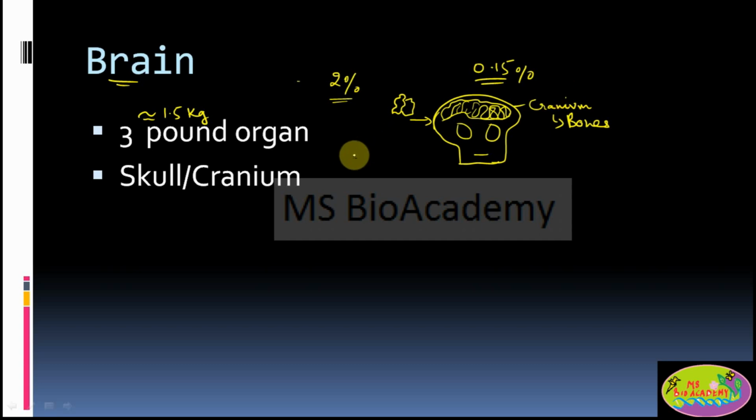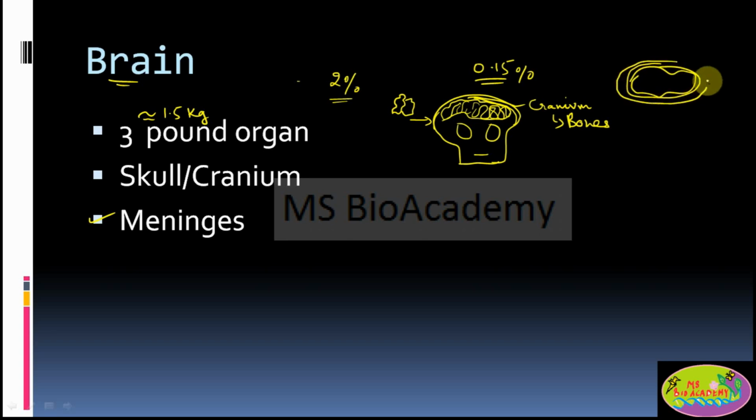Now, not just the cranium gives protection, but also one more thing called the meninges. The meninges are 3 different layers surrounding the brain. If you see carefully inside, if this is the brain, there are 3 layers surrounding it. Actually, the meninges go till the spinal cord also, so I'm not drawing that there. Starting from the outer one, it is called the dura mater.